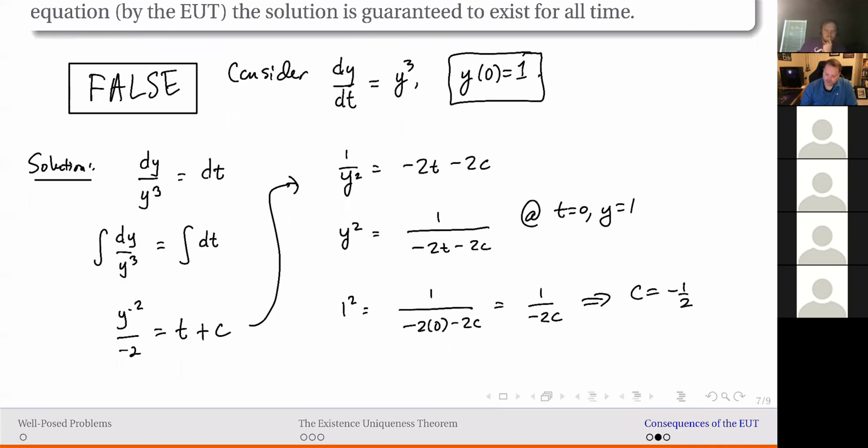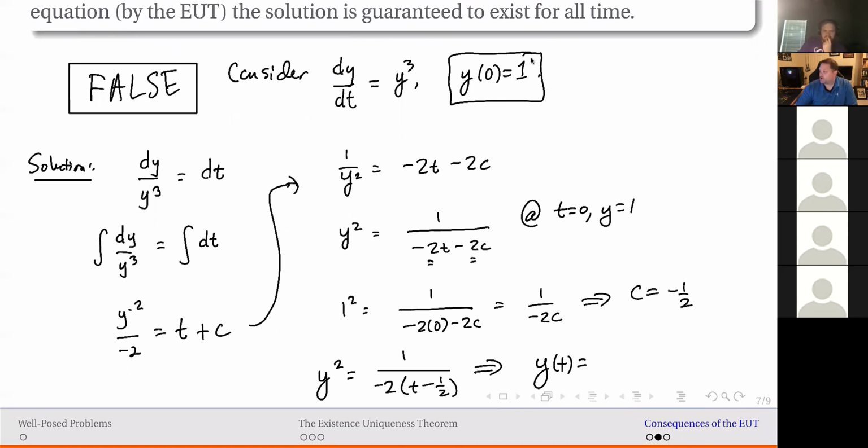So my solution here is y squared equal 1 over, I'm going to factor out the -2 here. This will be -2t plus c, but c is -1/2, so it'll be t minus 1/2. And if I solve for y directly, I would have to take the square root of both sides.